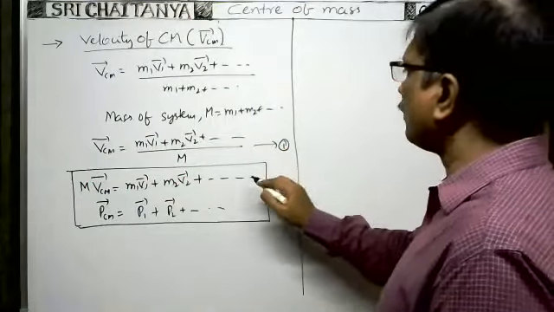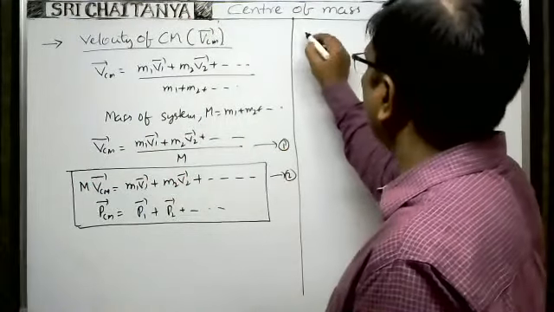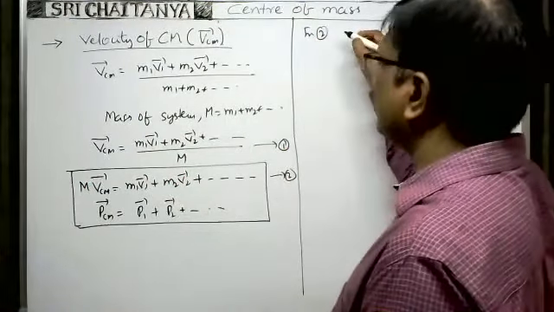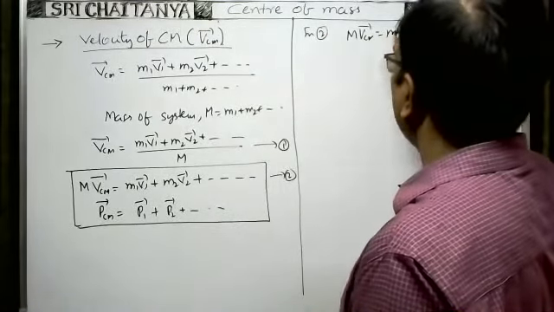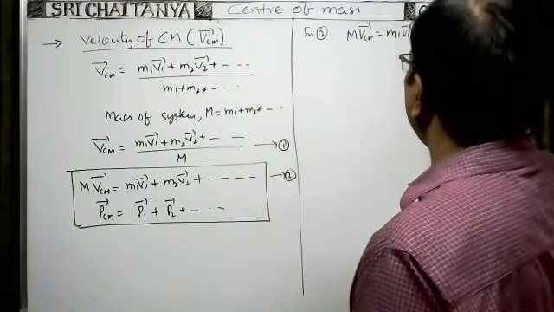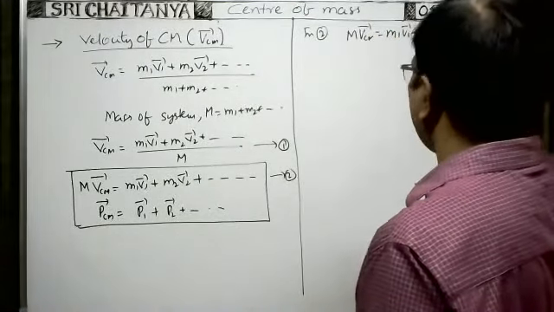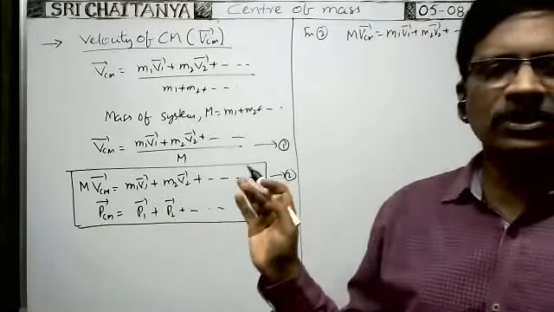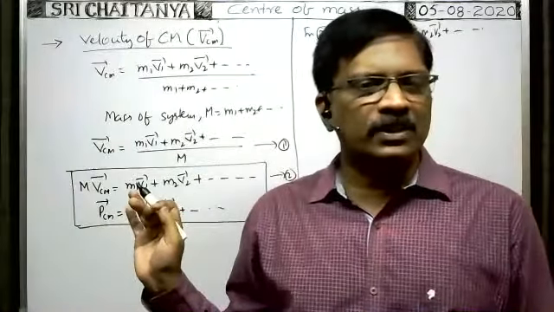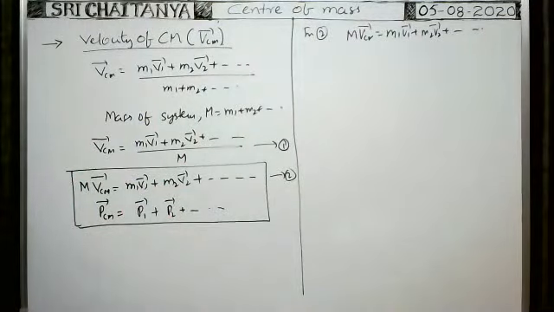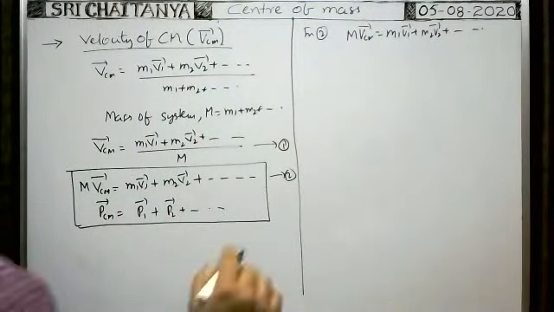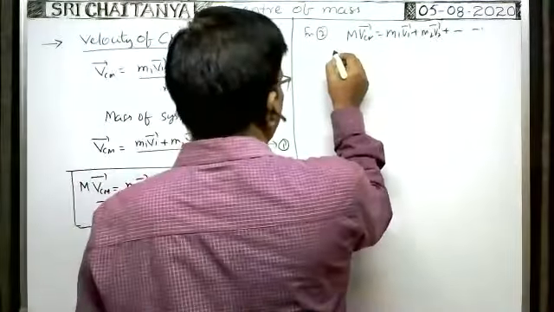Here you see, from this formula, M VCM bar is equal to M1 V1 bar plus M2 V2 bar plus and so on. Differentiate this equation on both sides with respect to time.